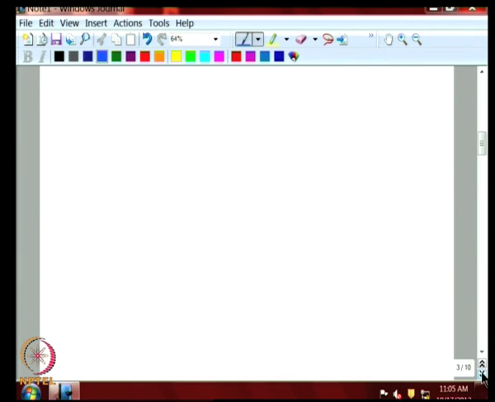Now, coming to a more operable circuit, let us draw the circuit.